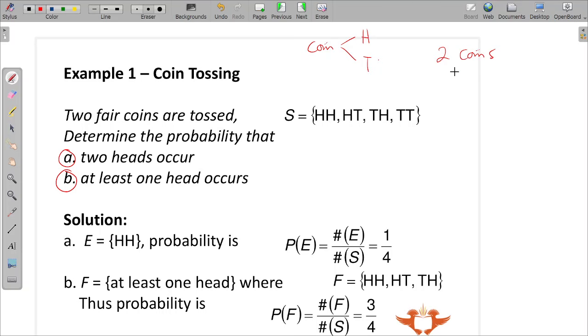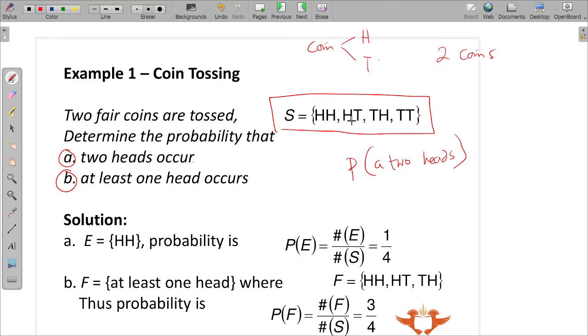So the possible outcomes give us this sample space: first a head, second a head; first a head, second a tail; first a tail, second a head; first a tail, second a tail. You can order yours differently, but you must get all of these. Now we want to find the probability of two heads.